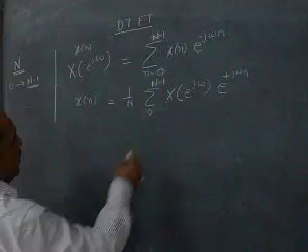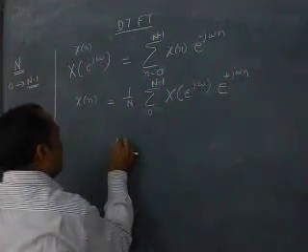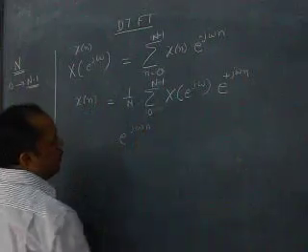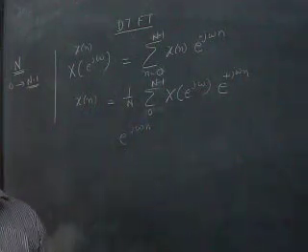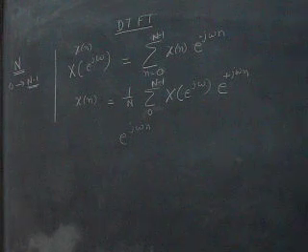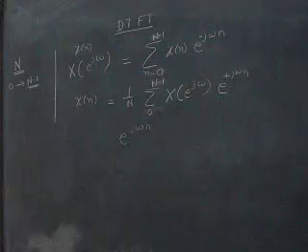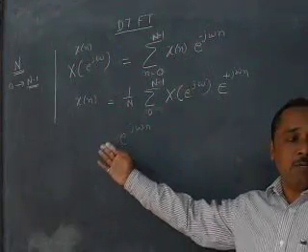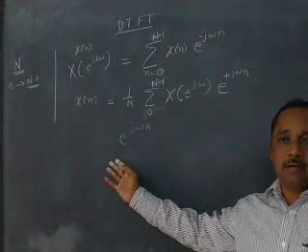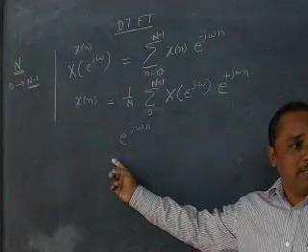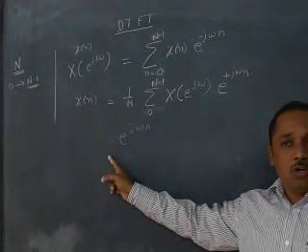Now if we see this function e to the power j omega n or e to the power minus j omega n, what is the nature of this function? Will it be continuous or discrete in nature? What is the amplitude of this one? The amplitude will remain 1, and what will be the variation in the angle?